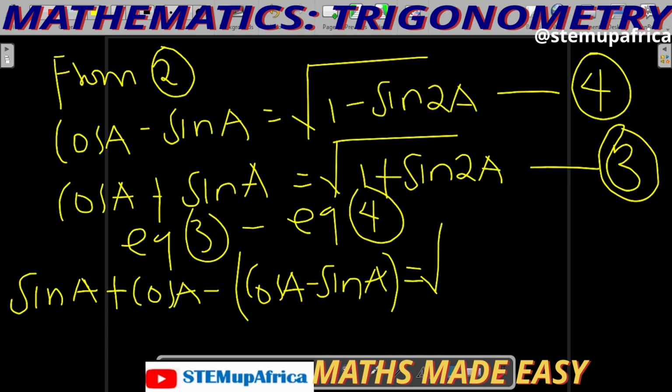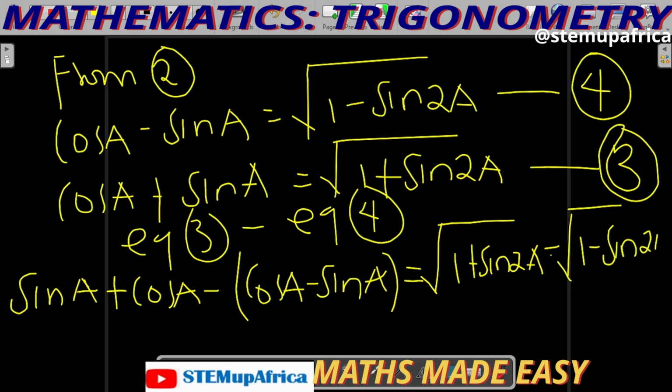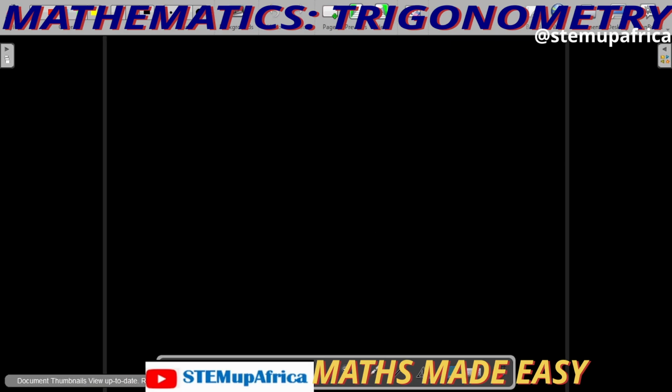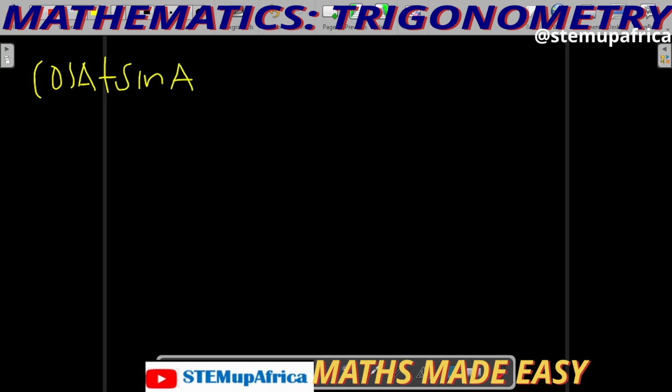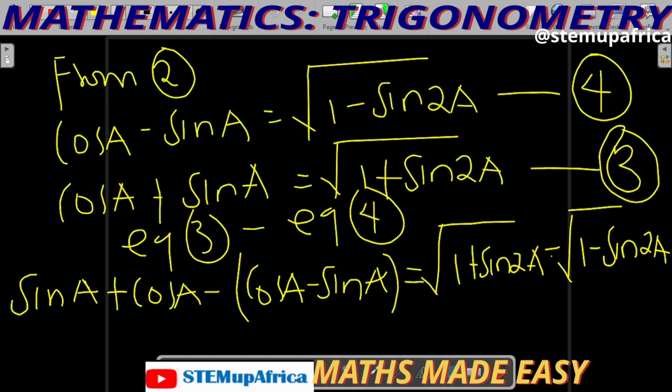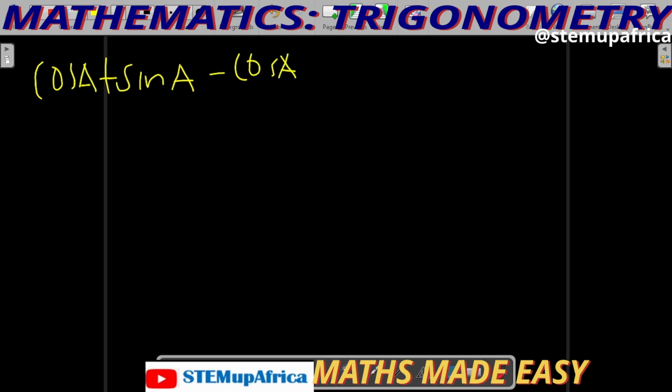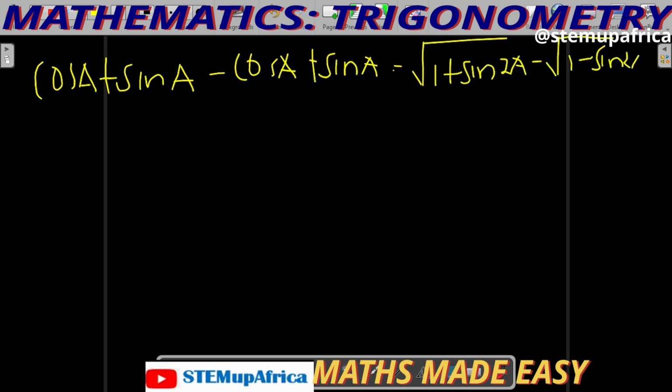We're having the square root of 1 plus sine 2A minus the square root of 1 minus sine 2A. So let's allow the minus sign to go through the brackets. I'm going to have cos A plus sine A minus cos A plus sine A equals the square root of 1 plus sine 2A minus square root of 1 minus sine 2A.